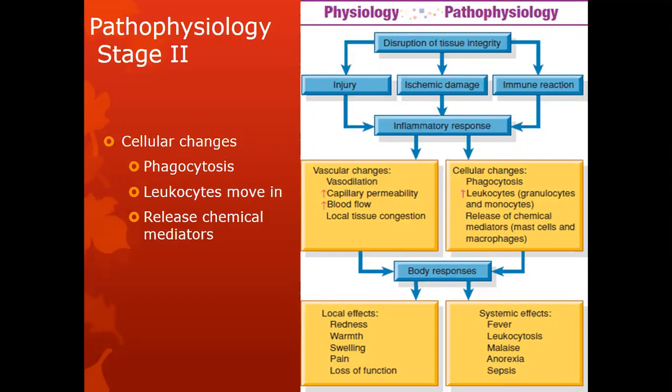So remember that if the cause of your inflammation is an immune problem, a allergic reaction problem, that's when you'll see that immune response starting to take place. But they'll also obviously start going in if it is an infectious process as well.